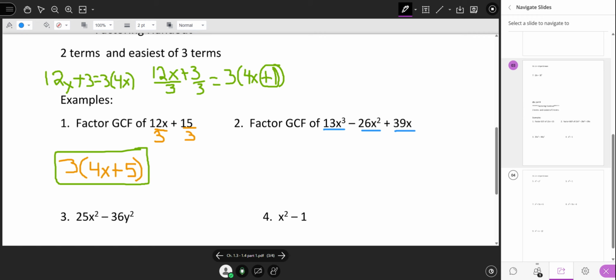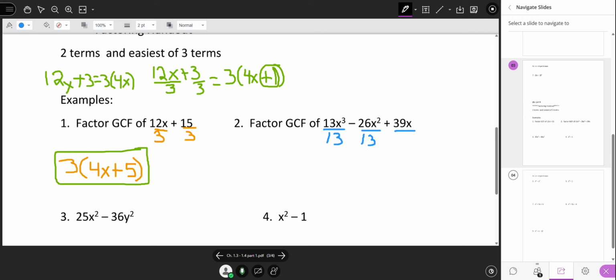And if you hit GCD and you do 13 and 26 and hit enter, you'll find out that 13 goes into 13 and 26.